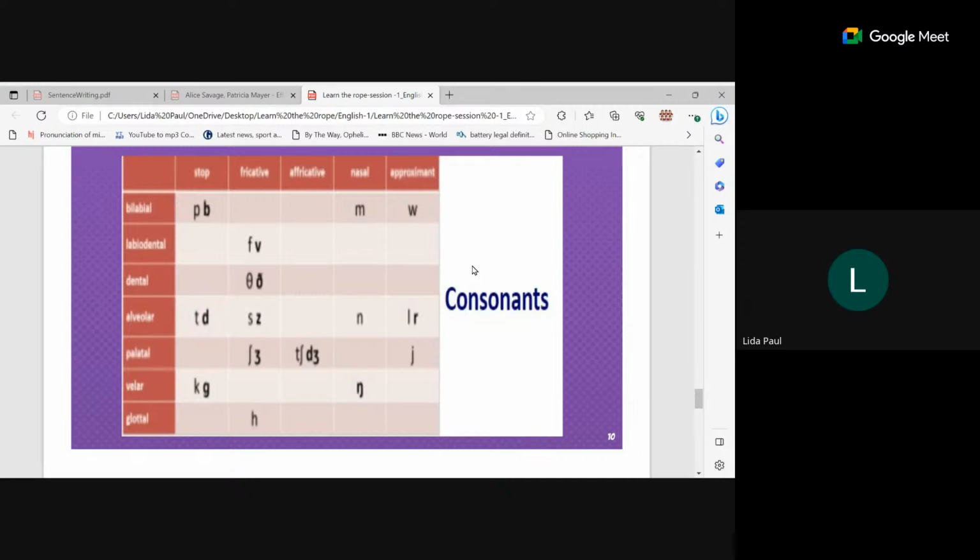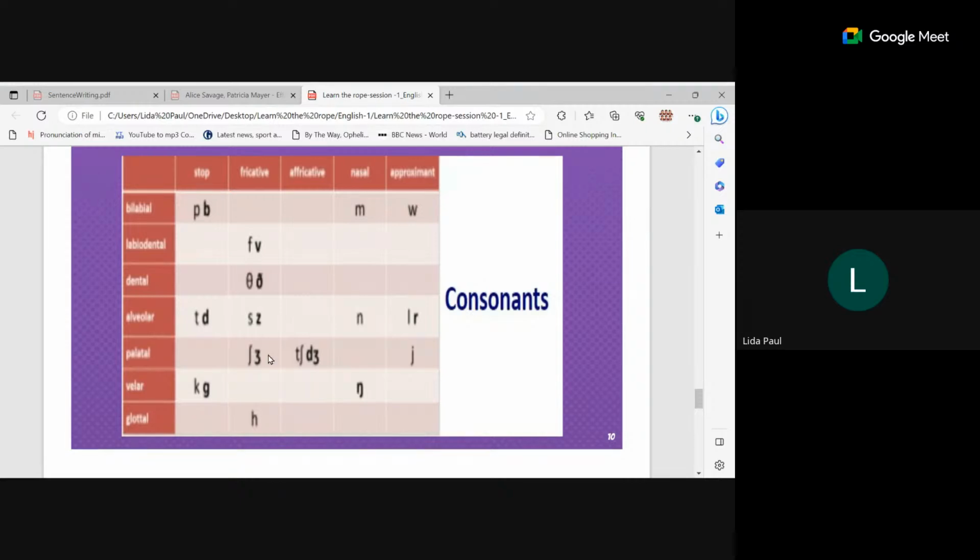So, a lot of sounds there: t, d, s, z, n, l, and r. So l and r, along with being approximants, are also alveolar sounds, right? Then palatal sounds, the hard part of the roof of your mouth, that is your palate, the palatal region. So palatal sounds are sh, and the second sound.